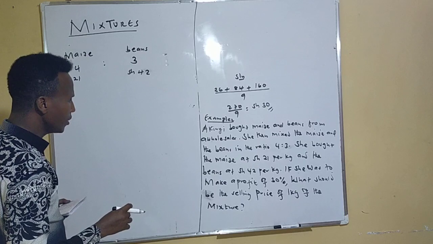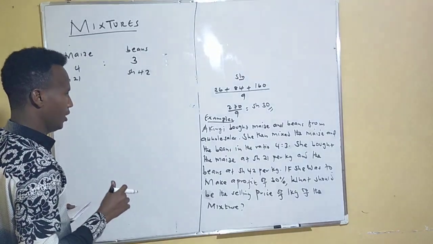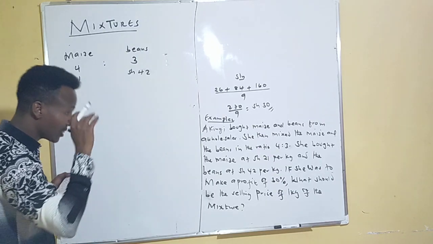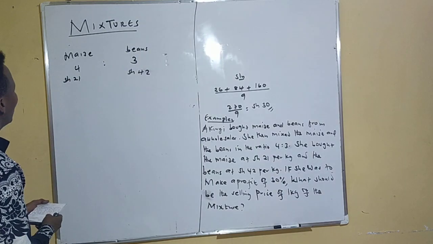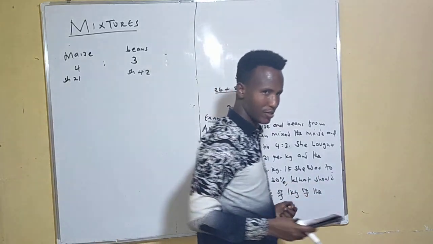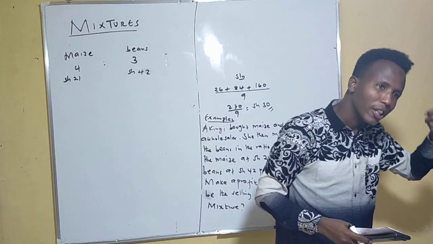Then what were we told? If she was to make a profit of 30%, what should be the selling price? Now, for us to make a profit, we must have what? The buying price, or where are we going to make the profit from?